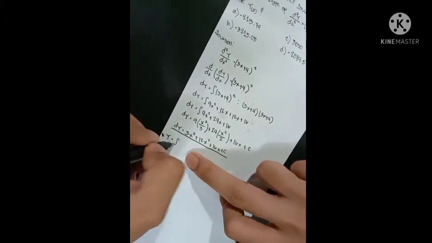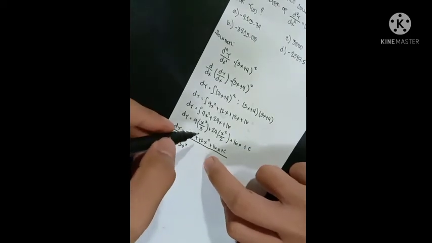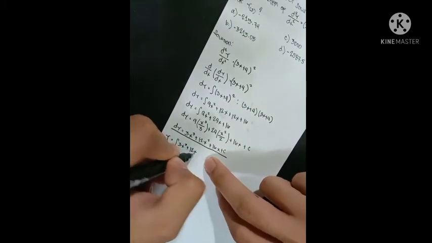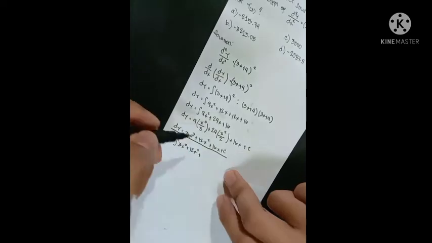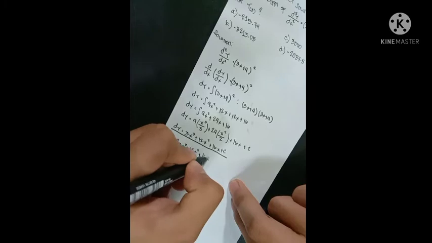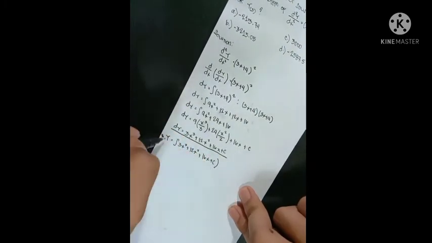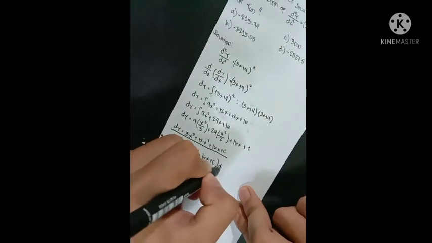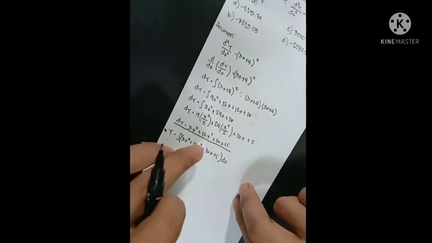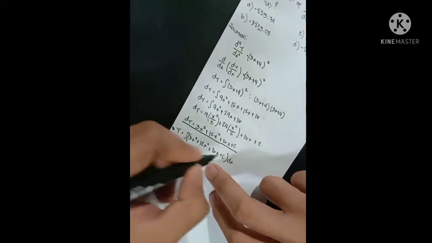So the integration of 3x cubed plus 12x squared plus 16x plus c, multiplied by dx.